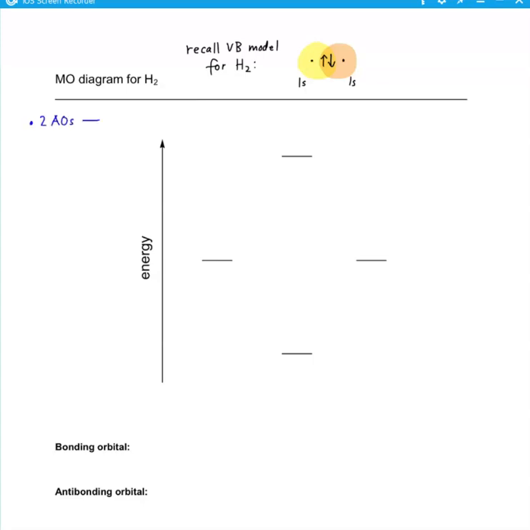We have two atomic orbitals, so we're going to make two molecular orbitals by virtue of the in-phase and out-of-phase combinations that are available to a pair of orbitals. Now, in a molecular orbital diagram, the atomic orbitals are on the sides of the diagram.